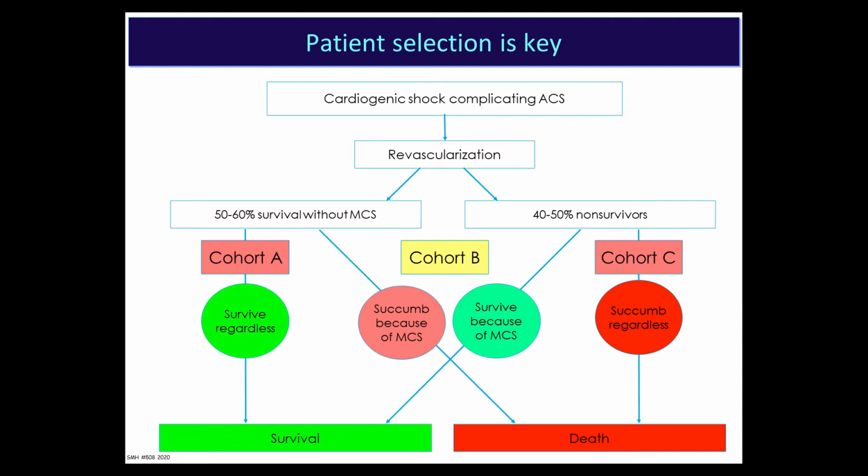Conversely, if you take cohort B, the ones you should test, and you take people from cohort C, you wait too long, you put them in just as a desperation Hail Mary pass, then your results are going to look worse than they might otherwise. And so I think it's difficult to interpret these retrospective studies and try to figure out what cohort they're in because they're so heterogeneous and you just can't figure out who the patients were in the absence of a reasonable predefined definition. That's a challenge for the field as a whole, and it's a challenge we're going to need to address until we make progress.